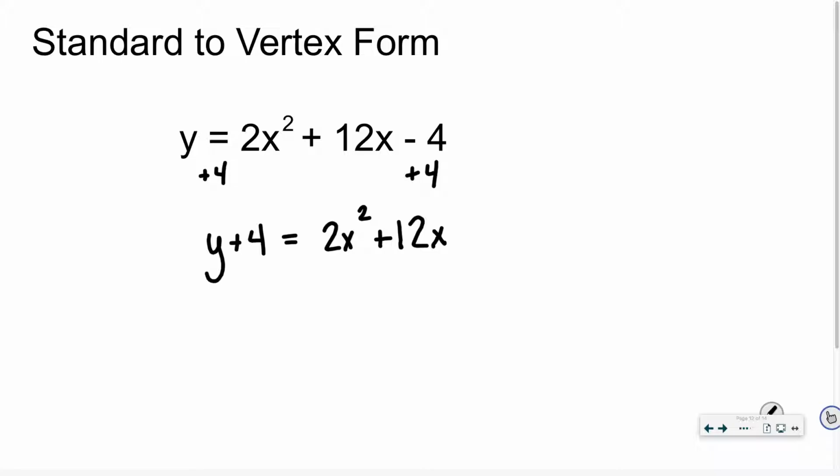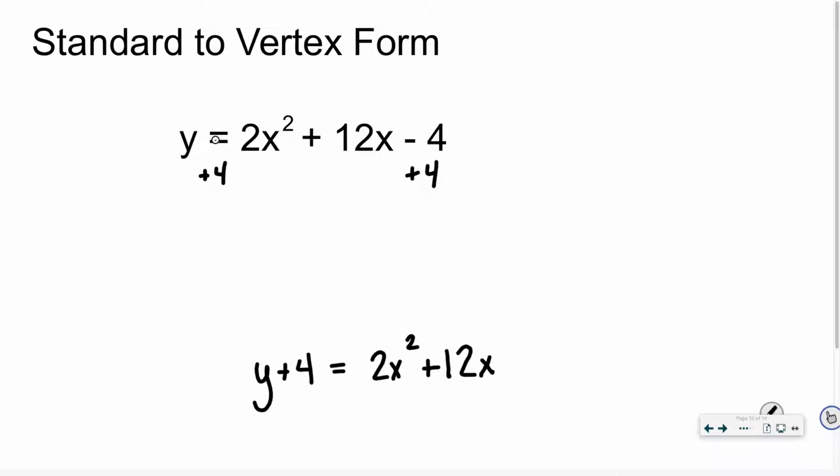Because here's the problem. Imagine I just left it here, and I was like, I'm just going to divide everything by 2. So I divide by 2, divide by 2, divide by 2, but then I have to do that. That's a problem, right? I don't want to divide my y value by 2 if I can avoid it.